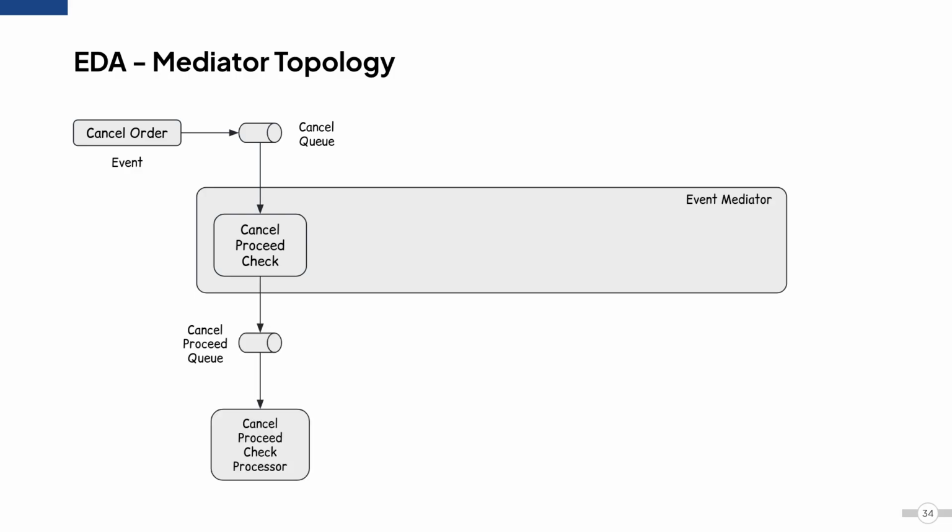Maybe you provide that to a cancel proceed queue, from which the cancel proceed check processor may get a message and check on that. But the next step needs to wait until the cancel proceed check gets a response back, and maybe it may put that into a database.